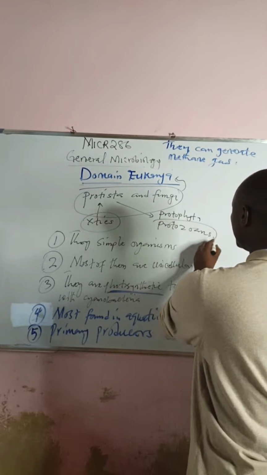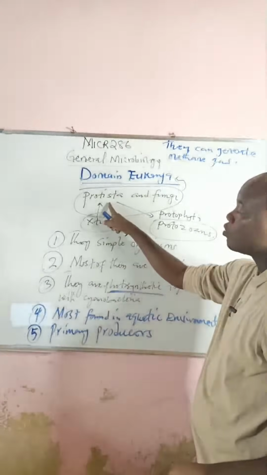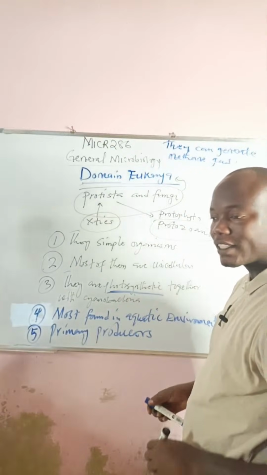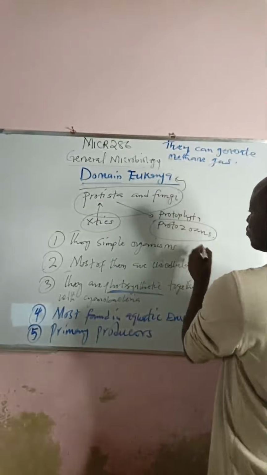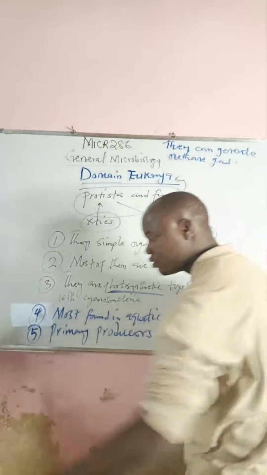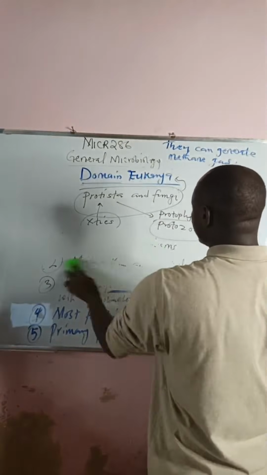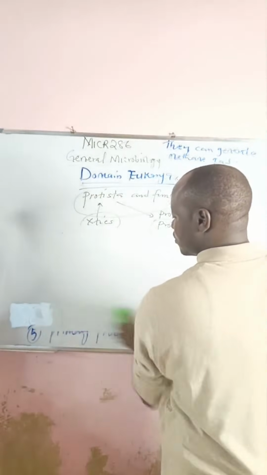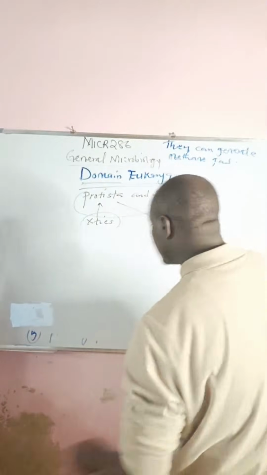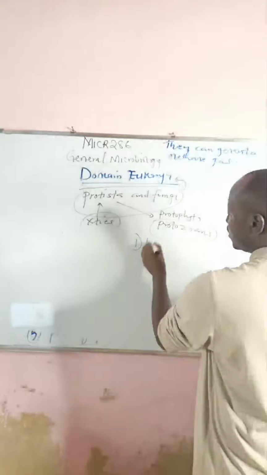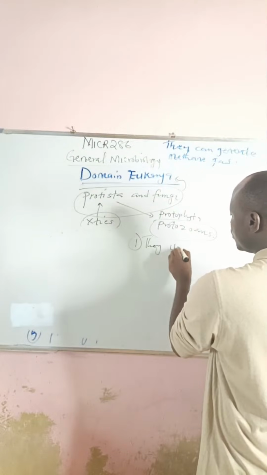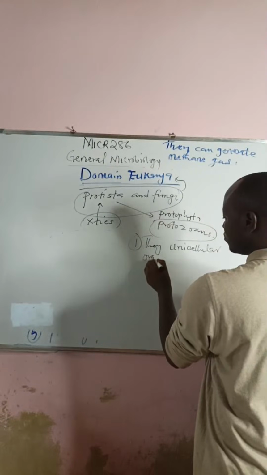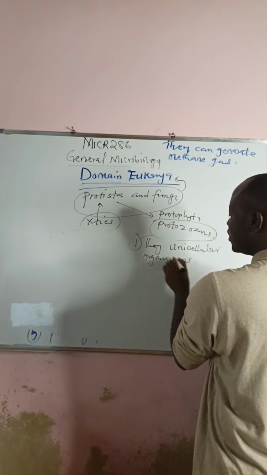And now we are moving to protozoans as part of the kingdom protista. So what are the characteristics of this protista? Number one, they are unicellular organisms, meaning that they have only one cell.